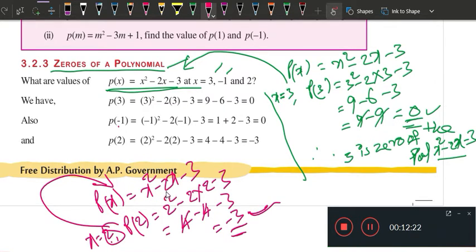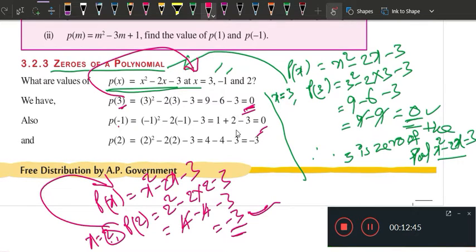Okay children, finally we can say that if you substitute any value of x and you get 0, then only it is a zero of the polynomial. So here, first we substituted 3 and got 0, so 3 is a zero of this polynomial.